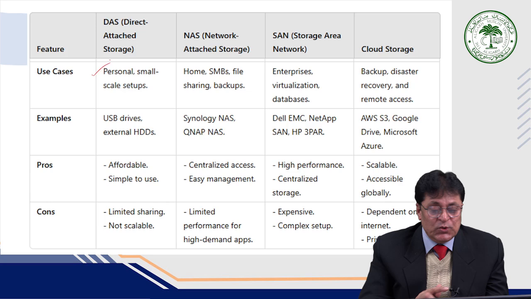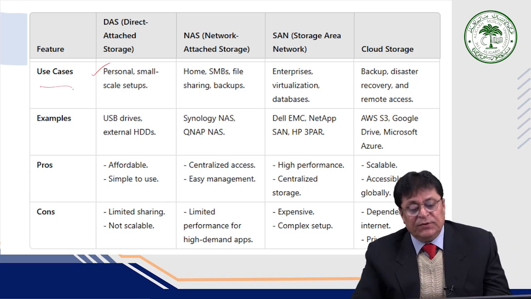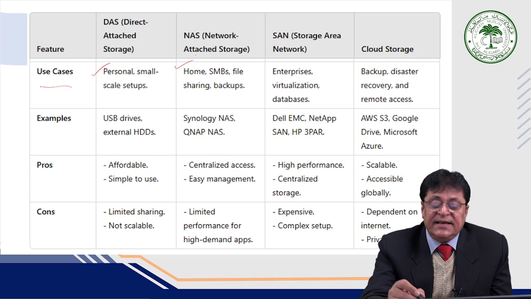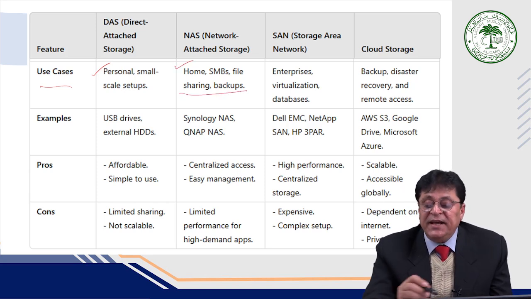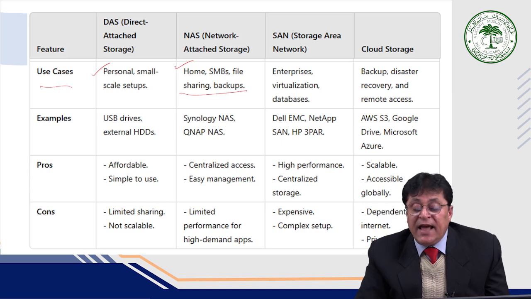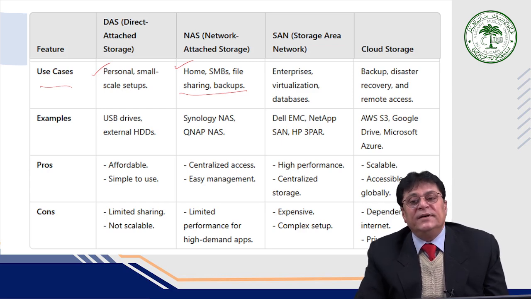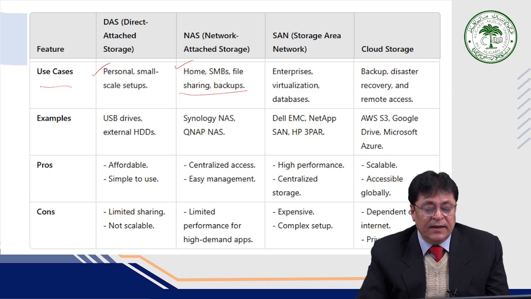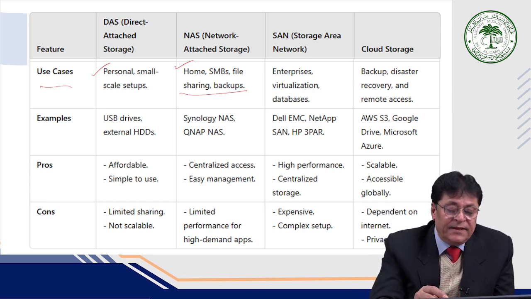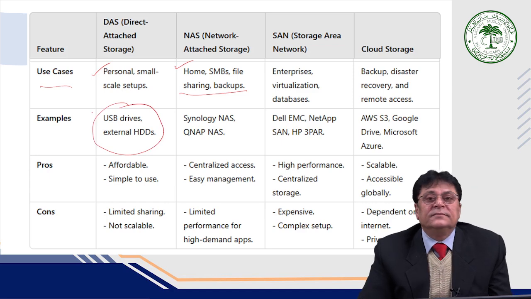The use cases: DAS is for personal and small scale setups. NAS is for home, file sharing and backups. SAN is for enterprises, virtualization and databases. Cloud is for backup, disaster recovery and remote access. Let us see the examples.